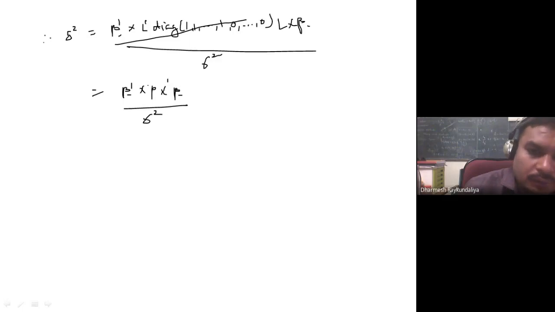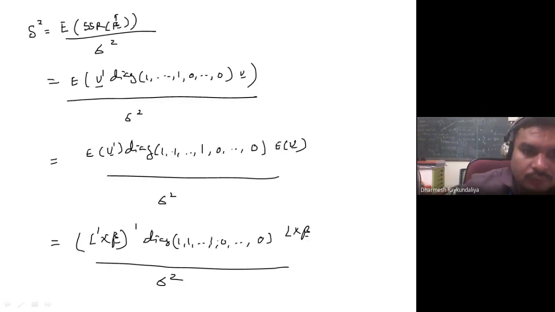And what is this? X dash P x dash. What can we write about this? What is X? What is P? Am I right? Sorry, here it is a beta dash. What is that? L x beta.